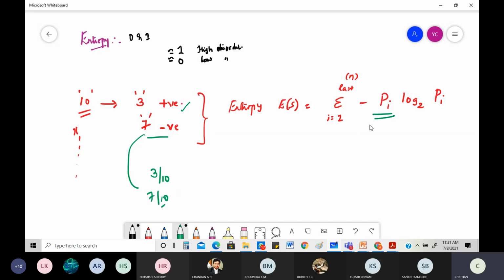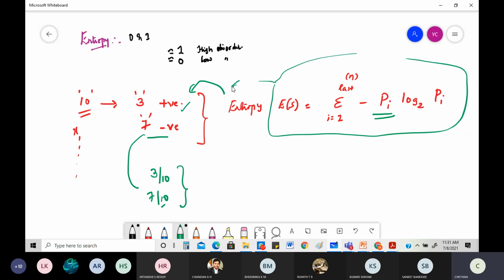So this pi is the probability frequency of these values. If I apply this formula to this example, you will be able to get the entropy value.